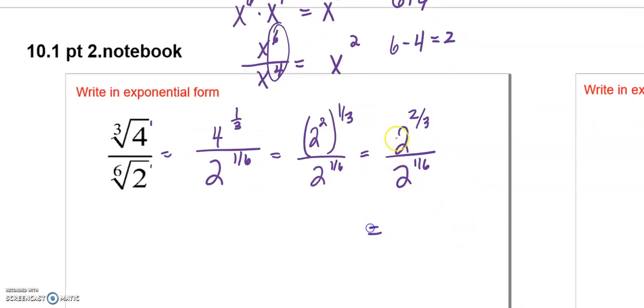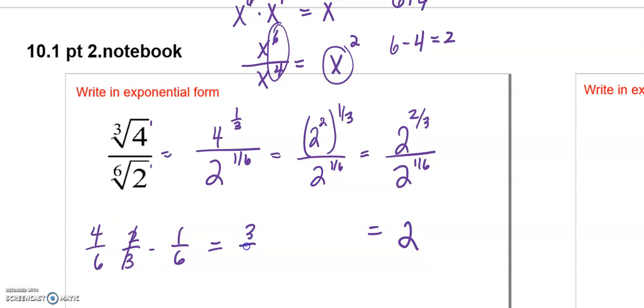So now, if your bases are the same, just like they are here, then your base is 2, and I need to take 2/3 minus 1/6. I'm going to change this to a 6 and make it 4/6. 4 minus 1 is 3 over 6, which is 1/2. So I'm going to leave this as 1/2.